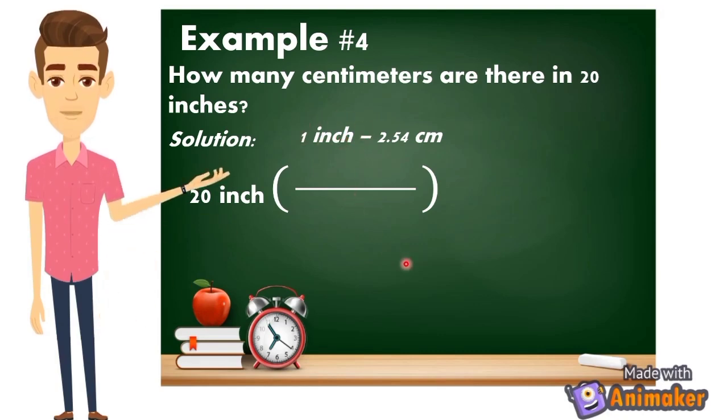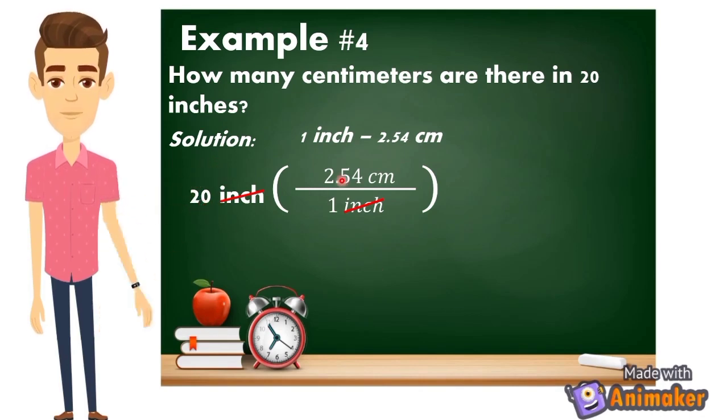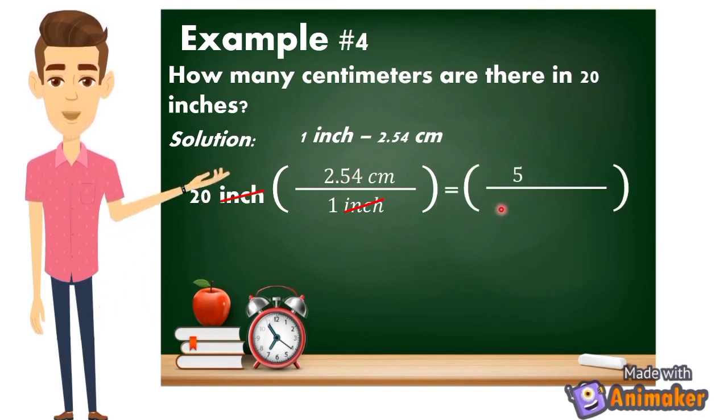So, nasa baba po siya ng ating fraction, which is yung denominator. So, 2.54 centimeter over 1 inch. So, cancel natin yung inch dahil same po sila ng unit of measurement. Next, multiply 20 times 2.54 equals to 50.8 centimeter over 1.